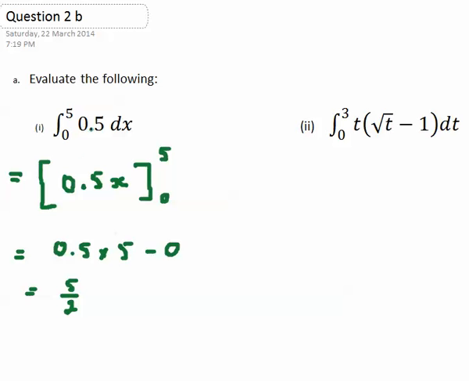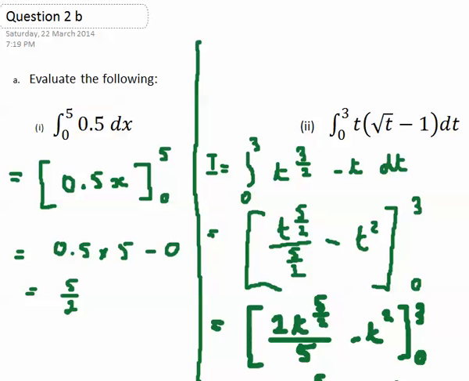Here all we do is we integrate as usual, so we've got a constant number. 0.5 is just a number, so we integrate that in the usual way to get 0.5x, put our limits in there, and remember what the go is, we substitute the upper limit, that's what we've done there, 0.5 times 5, and we always subtract the lower limit, which happily in this case is 0. And 0 times anything is 0. So our answer here comes to 5.2.